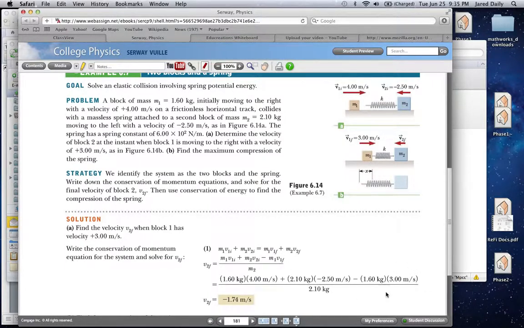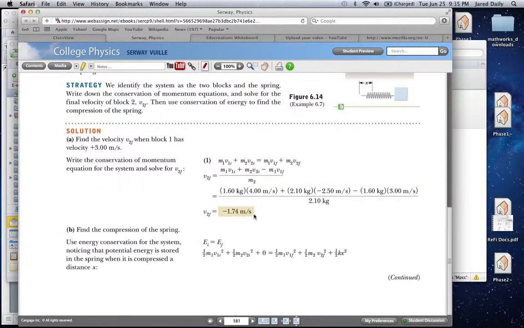You can see it down here. The 3 meters per second that we want for that first block. And that will solve for the velocity of the second block after they've collided for just this short time. And when you do that, the second block velocity comes out as negative 1.74 meters per second.